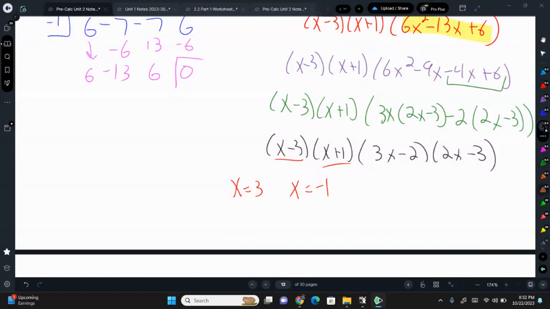We talked about this the other day. When we have that, we can do the opposite of this number divided by that. So x equals positive 2 over 3, and then x equals positive 3 over 2. So we had 4 zeros in that one, and we used the graphing calculator to narrow it down a bit.